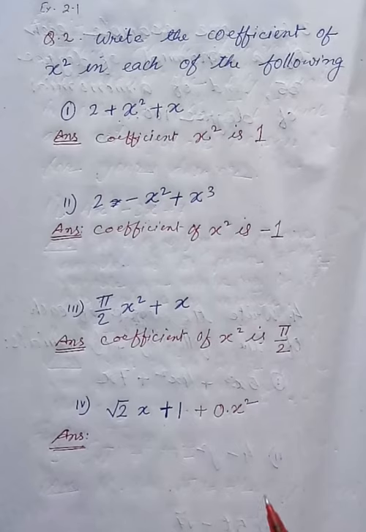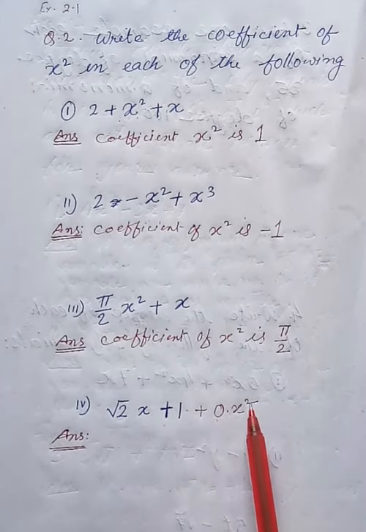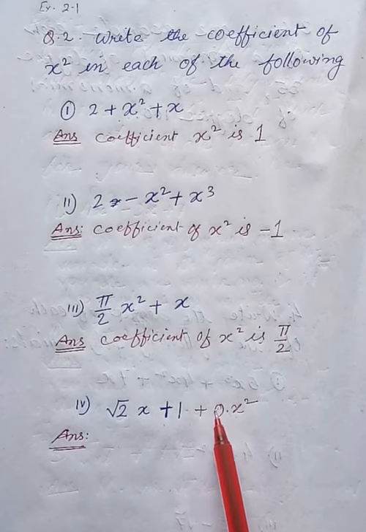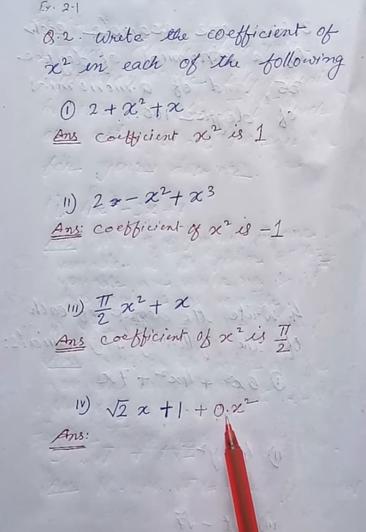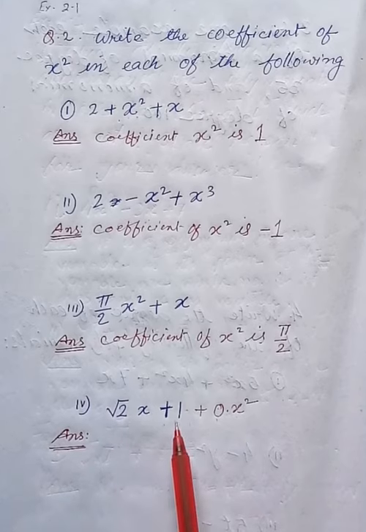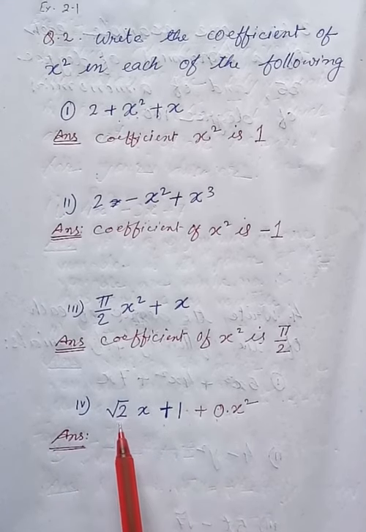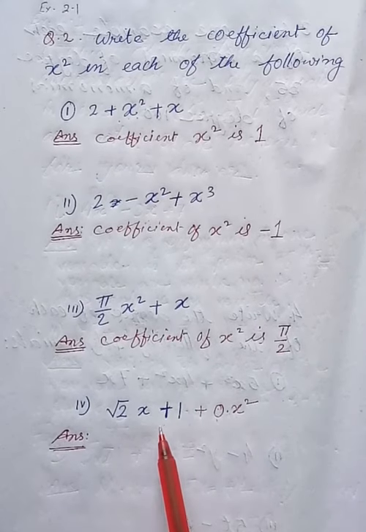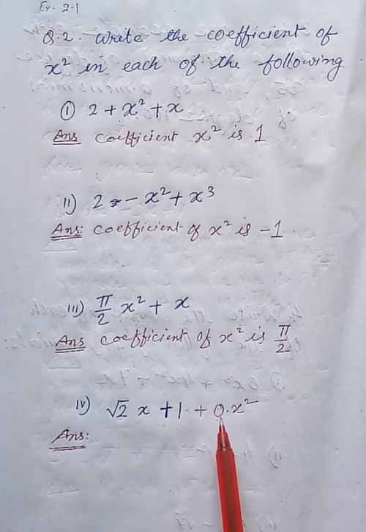It is possible because 0 into x square is 0; 0 into anything will give 0. 0 means nothing, so adding a 0 in this expression is the same as this expression. There is no problem to add 0 here. And 0 into x square is the same as 0.